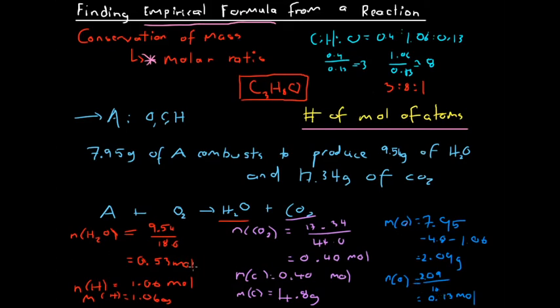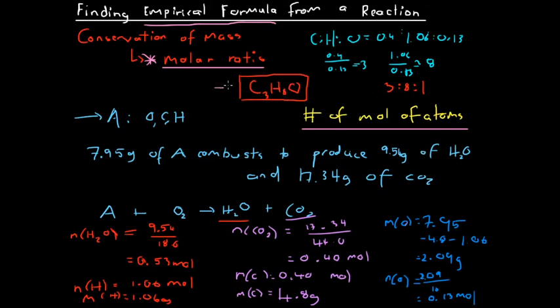And at that stage we knew the mole of hydrogen, the mole of carbon, and the mole of oxygen in compound A. So from there we had the molar ratio that we're always striving for when we're finding the empirical formula of a substance. And so from there we can figure out the molar ratio with whole numbers here. And once we have this whole number molar ratio, we could then translate that to the empirical formula right here.